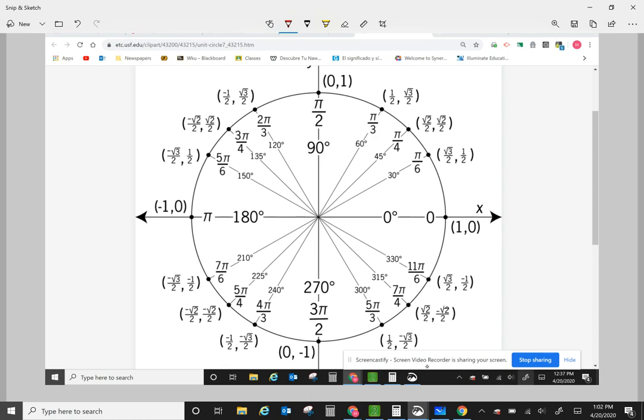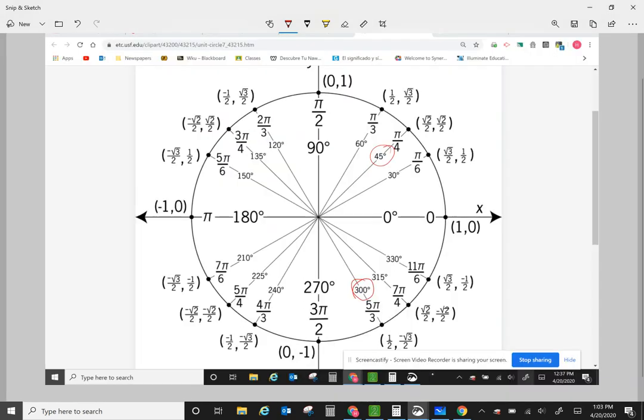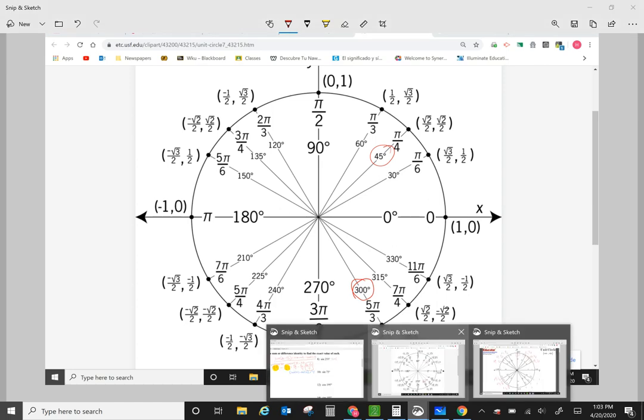How about 300 minus 45? So I'm doing 300 minus 45. That does give me my angle. So I'm thinking of this as sine. Which numbers did I say I was going to use? 300 minus 45.